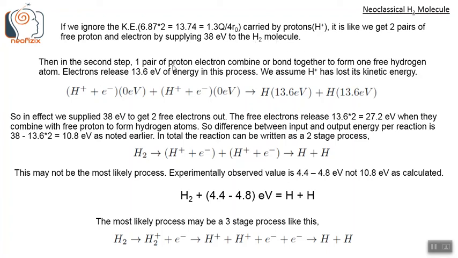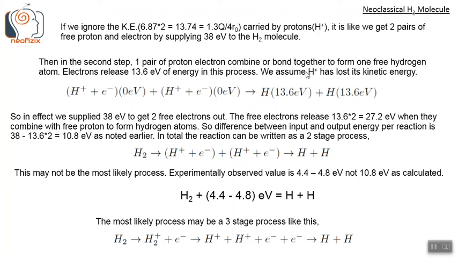Then in the second step, one proton-electron pair can combine or bond together to form one free hydrogen atom. So there are two pairs of protons and electrons that were released. Each pair can combine together to form a free hydrogen atom, and the electrons release 13.6 electron volts of energy in this process when they bond.